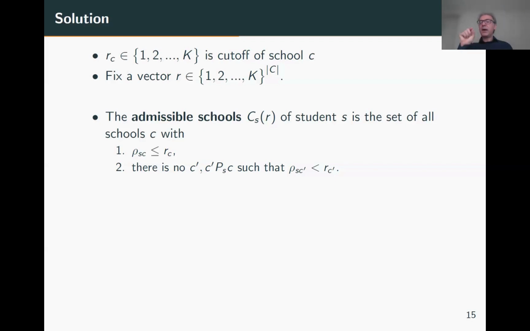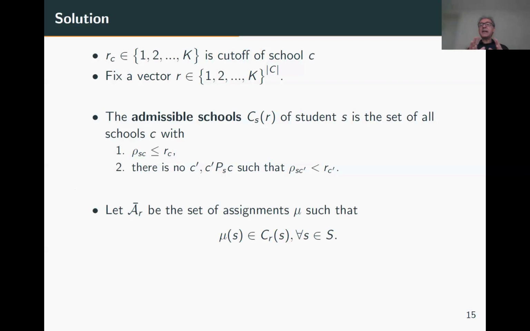Given a vector R, let's suppose that we know that R generates a stable matching. We need to only consider those alternative schools in this set of admissible schools for every student. But here is the catch. I'm going to define another, potentially bigger set, which I'm going to call A bar.